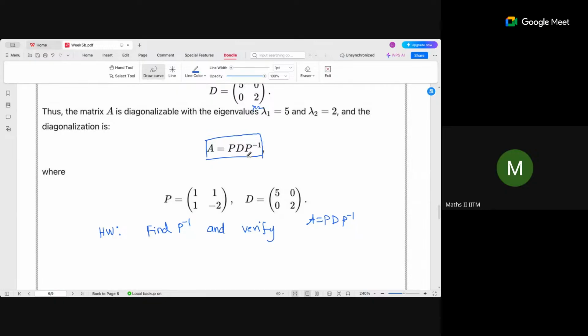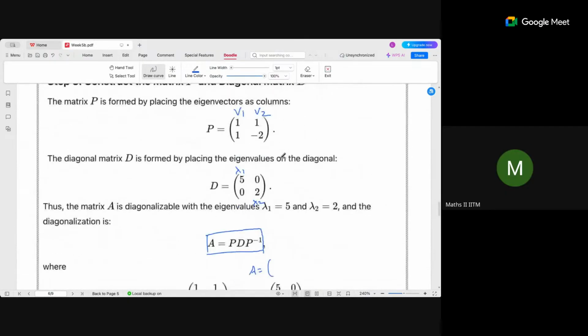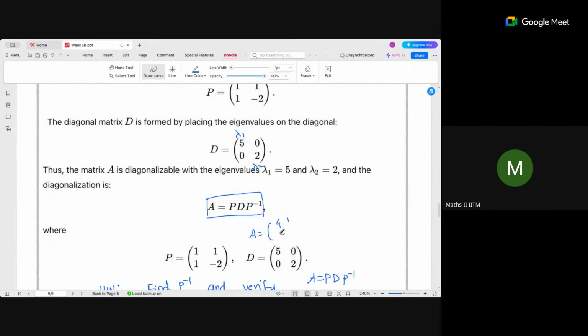What are those important properties? For example, here your matrix A is 4 1 2 3, right? What is the trace of A? 7. Okay. What is the determinant of A? 10. What is the trace of D? 7.